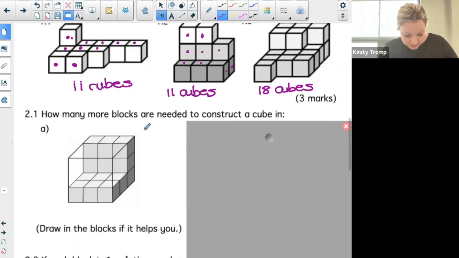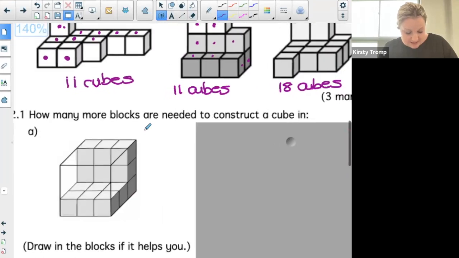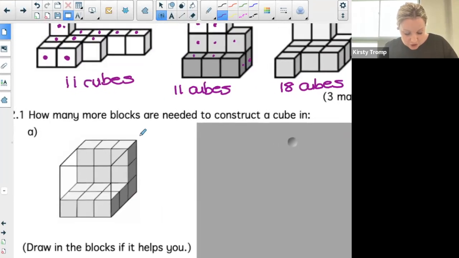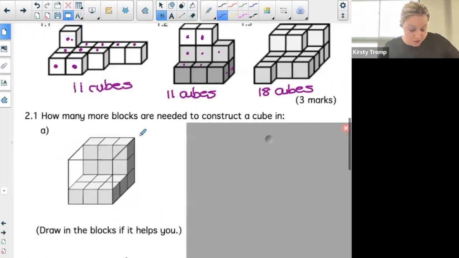We're only dealing with cubes. It says how many more blocks are needed? So how many more blocks do we need to put into this drawing to construct the cube?